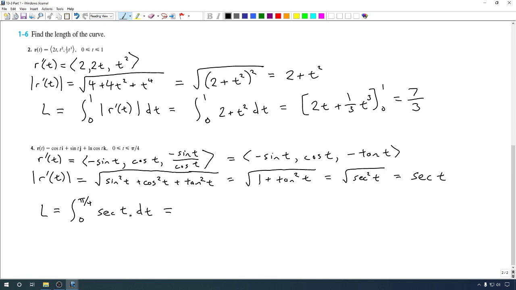Now this is a function whose integral is a little bit tricky to get if you don't already know it. So this is one where I'd expect you to go ahead and look up the formula. There should be a table in the back of the book that has it. But the integral of secant is the natural logarithm of the absolute value of tangent of t plus secant of t.